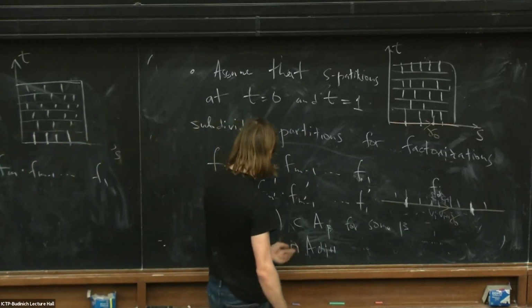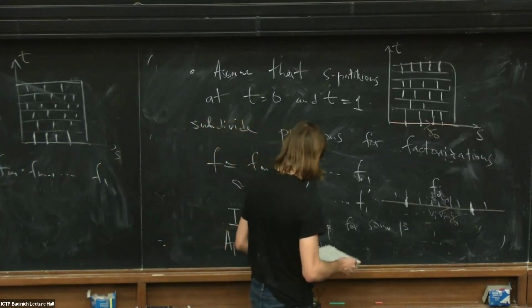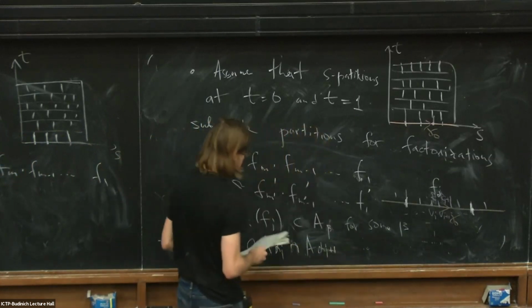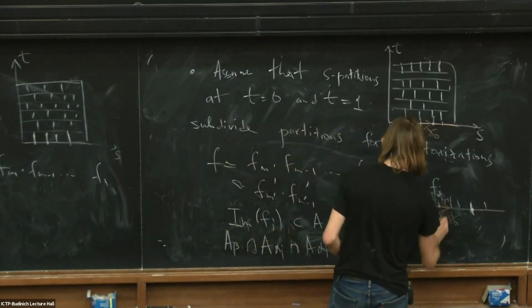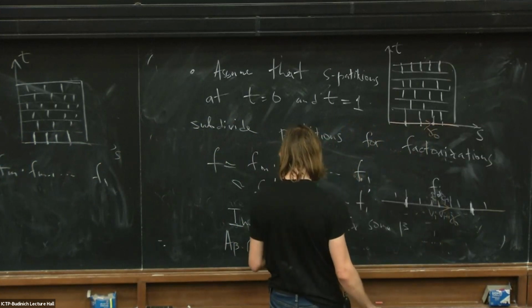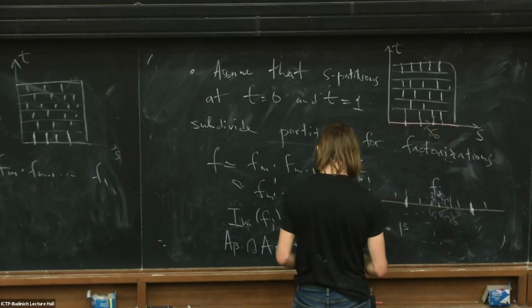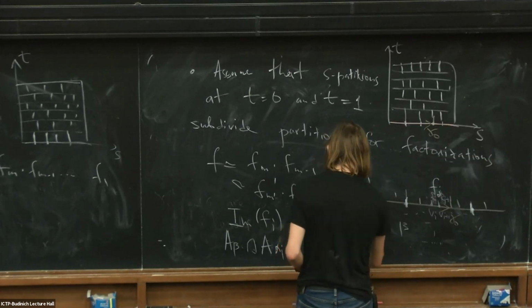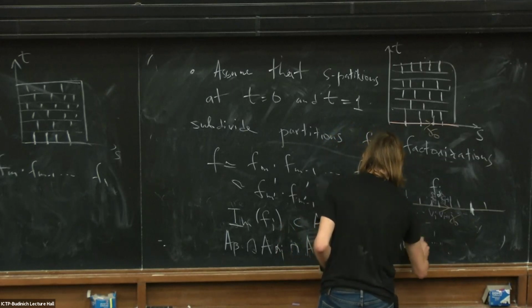Again, we know that for any triple, the intersection is path connected. And so there exists a path.